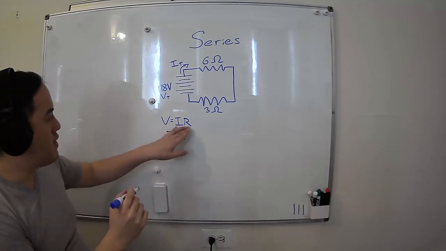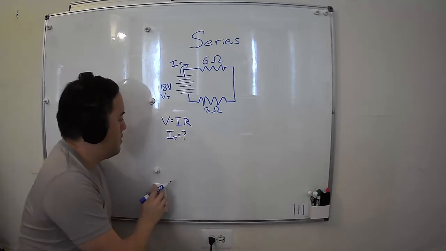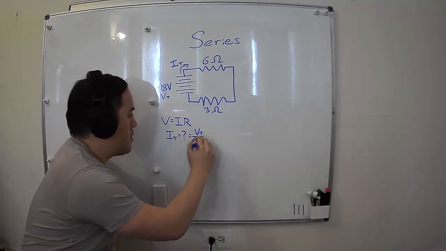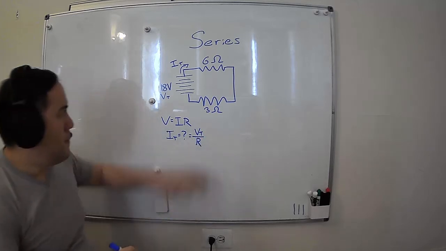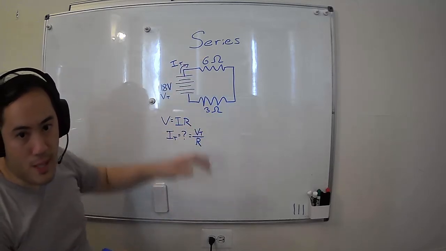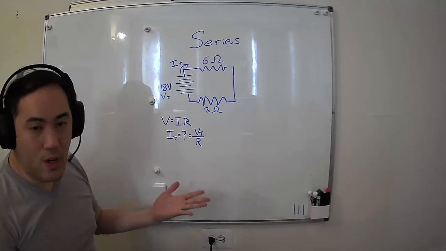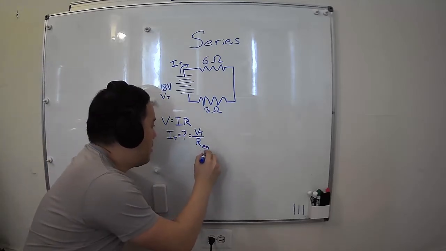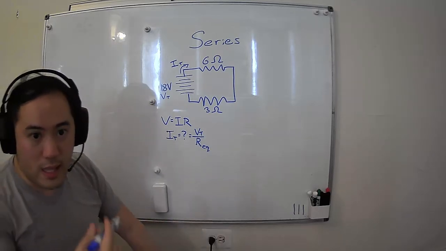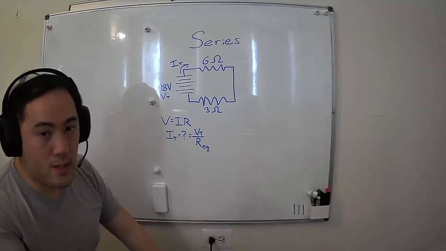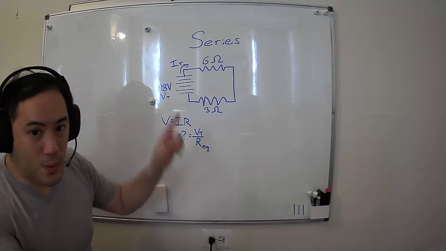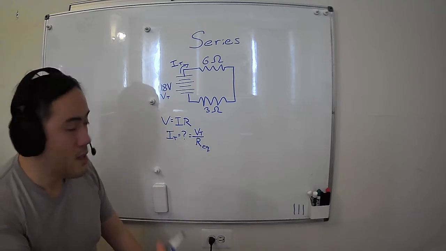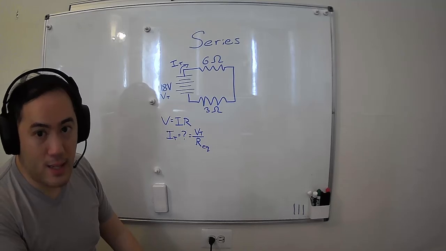It will be V total over some other R, some REQ. REQ is the equivalent resistance for the whole circuit, or for both resistors. What is the 6 and the 3 equivalent to? You might have a good guess, but we gotta make sure.